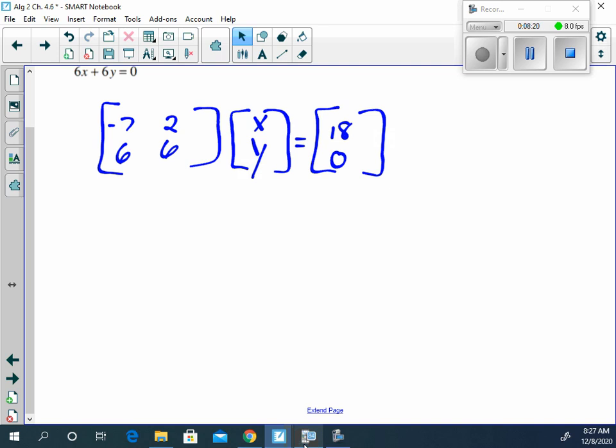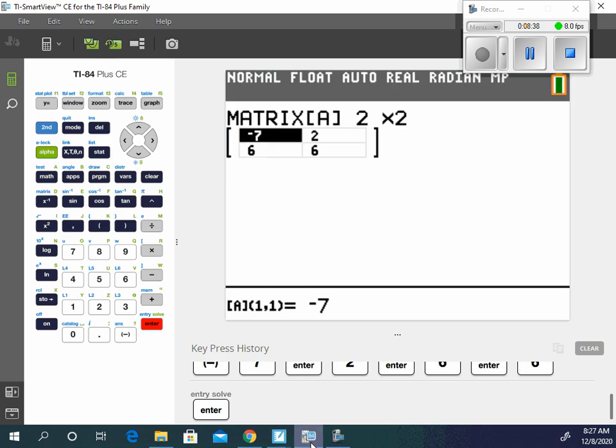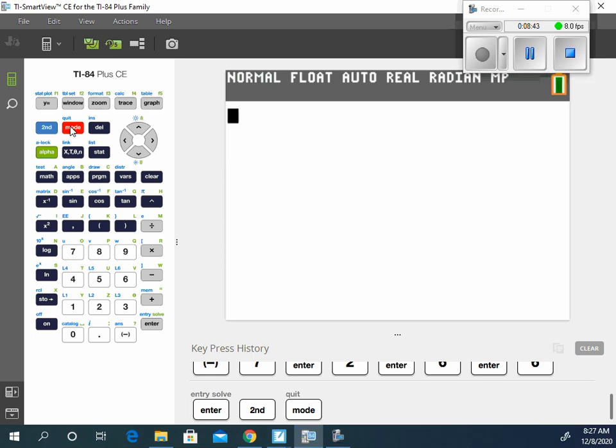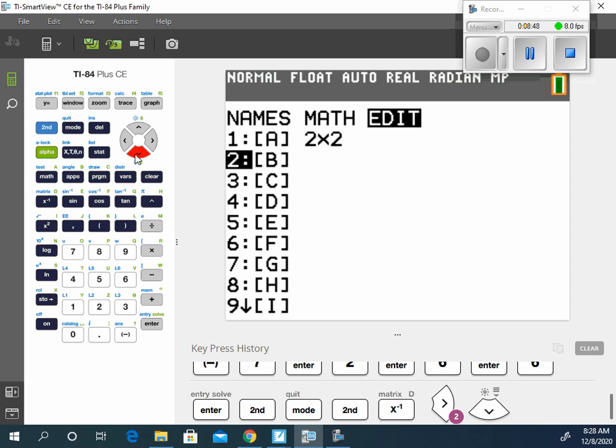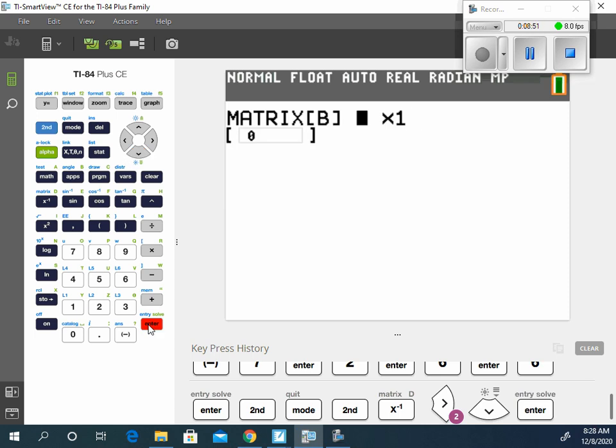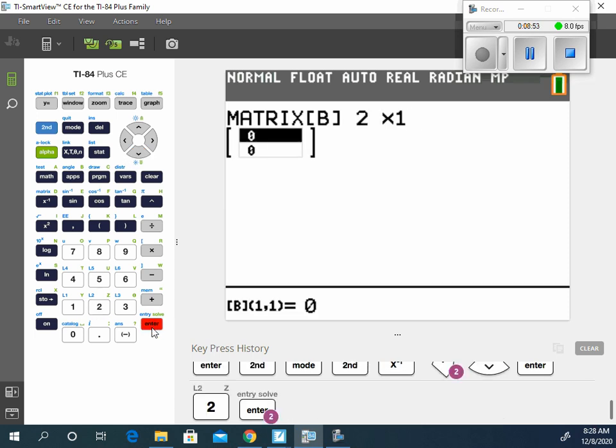Because really what we're looking at is here, I've set this up as matrix A. Yes? In the calculator, this is matrix A. Now what we can also do is set this one here up as matrix B, this 18, 0. So in the calculator here, at this point, we can go second quit, second matrix, over to edit and go down to matrix B, and it's going to be a 2 by 1, and we're going to have 18, 0.